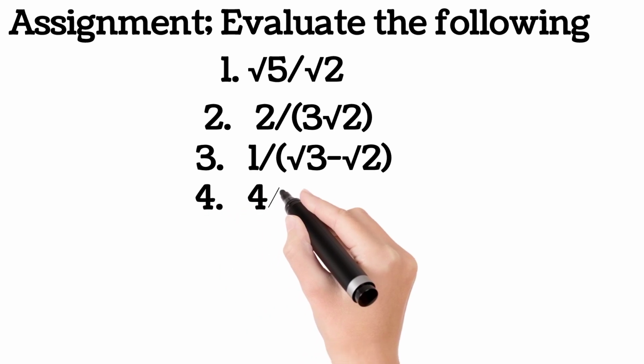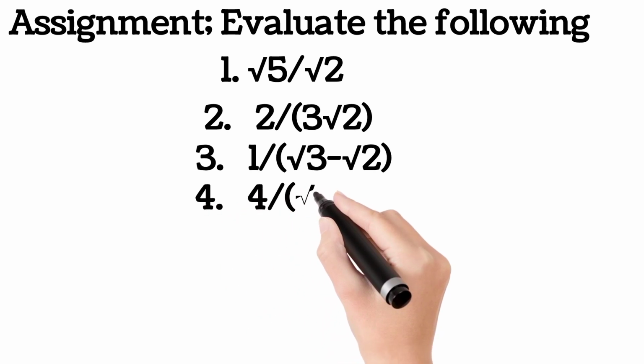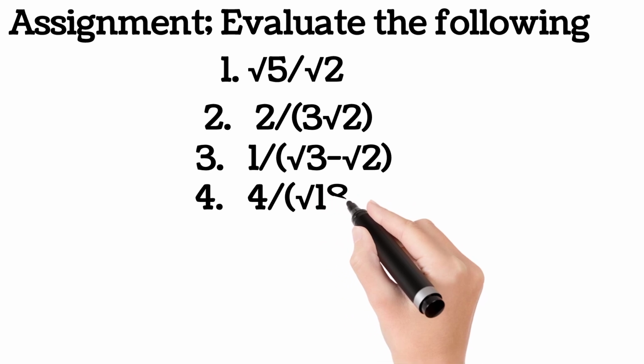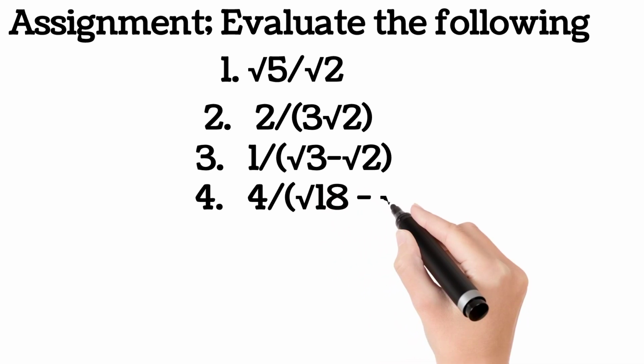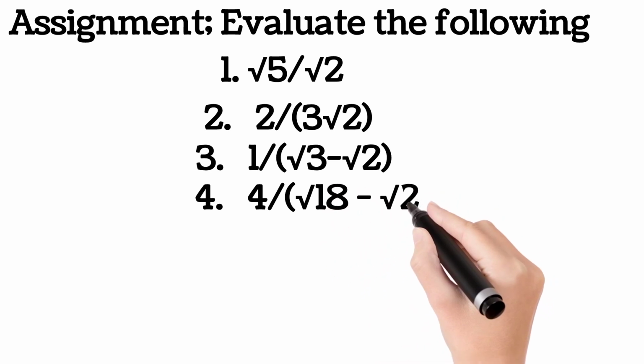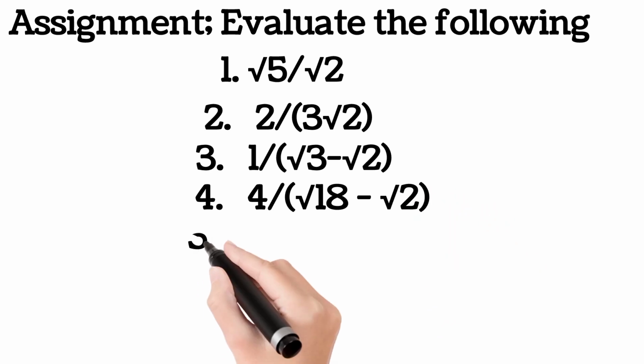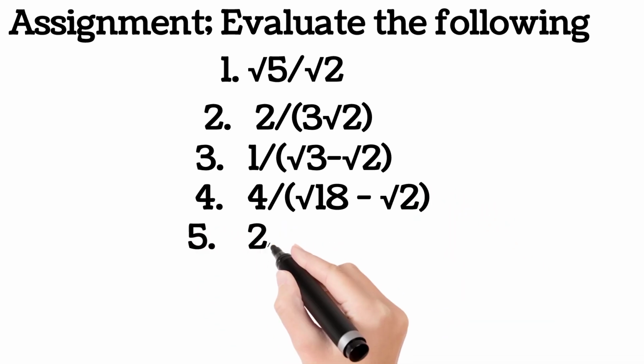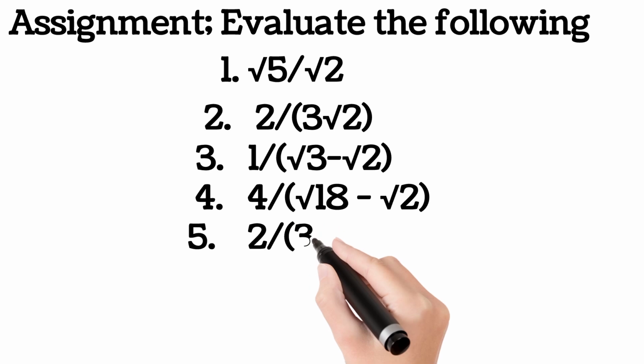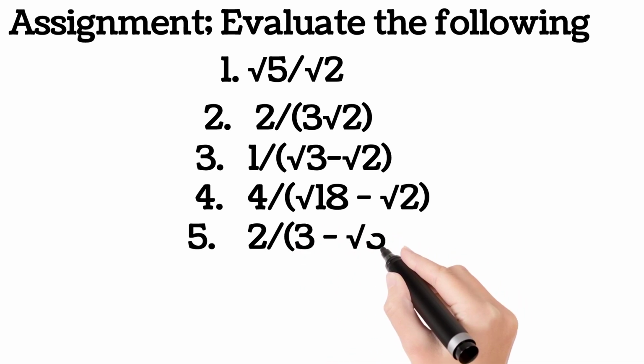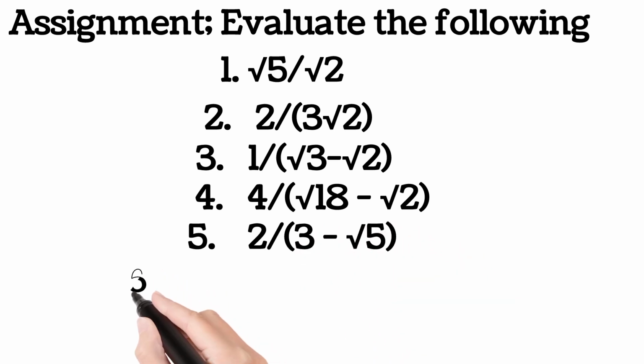Number 4, 4 all over, open a bracket, root 18 minus root 2, close the bracket. Number 5, 2 over 3 minus root 5.